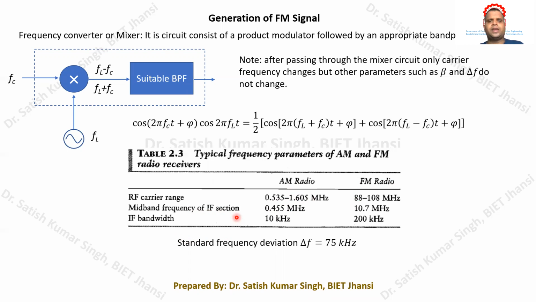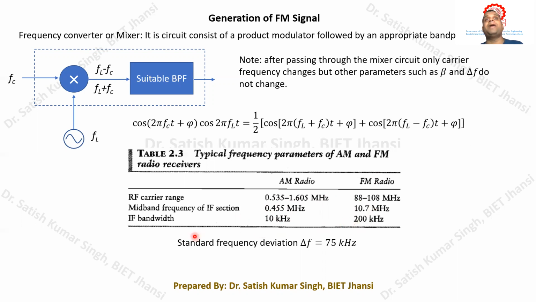We must just understand that there is a mid-band frequency that we require, also called the IF frequency. For AM radio we choose it to be 455 kilohertz, and there is a reason why, which I will explain later in the detailed discussion. And for FM radio we choose this value to be 10.7 megahertz.